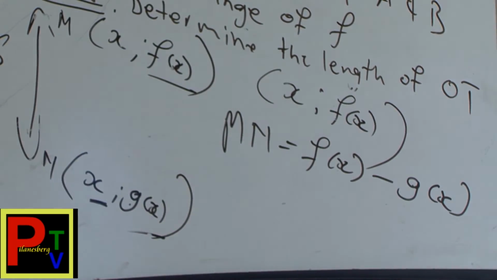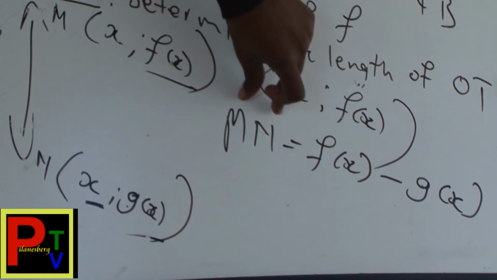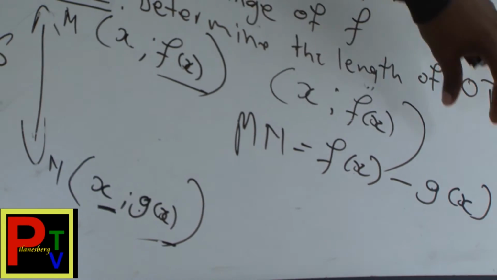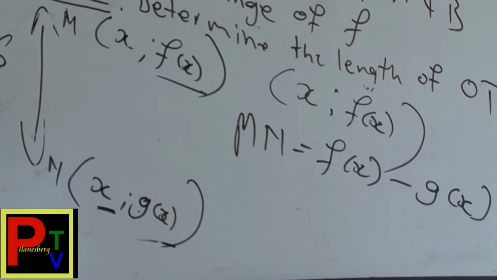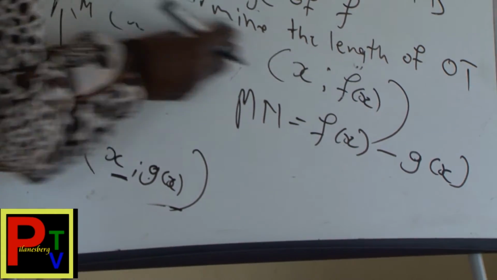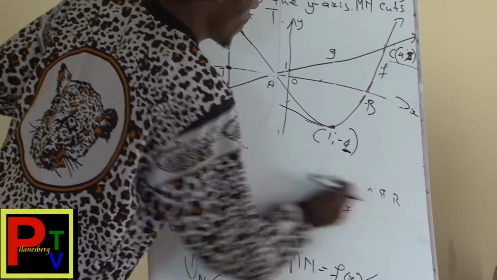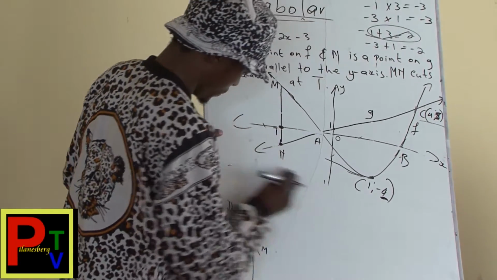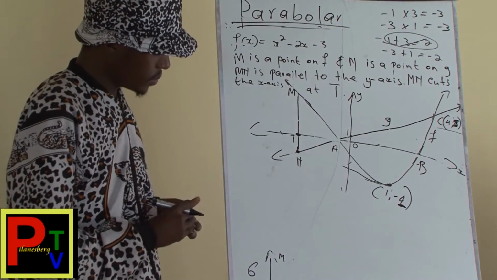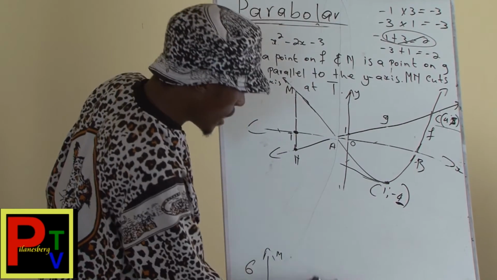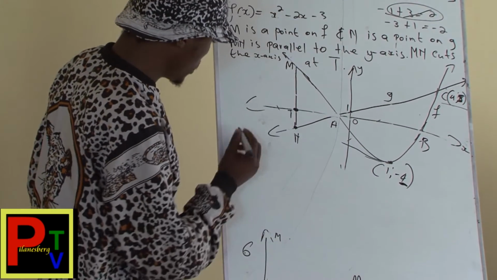Now it seems like it's making sense, because we are given this information here. MN is given as 6 units.